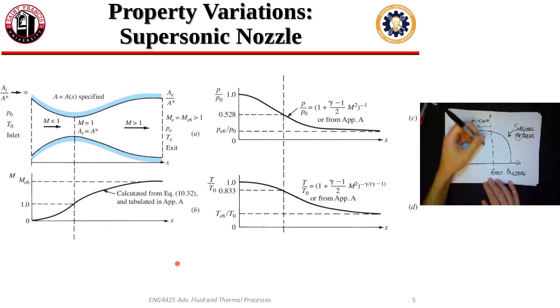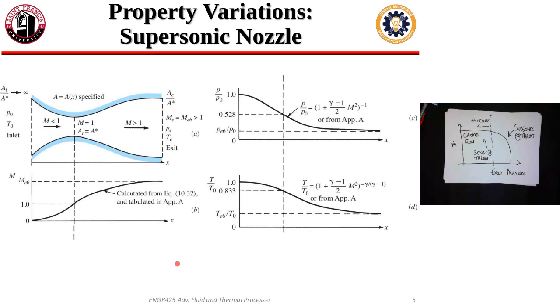And over here, the throat is sonic. Once it's sonic, mass flow rate's fixed. That brings up another question. Can pressure variations propagate through the throat then? Will they ever get upstream once the flow is choked?